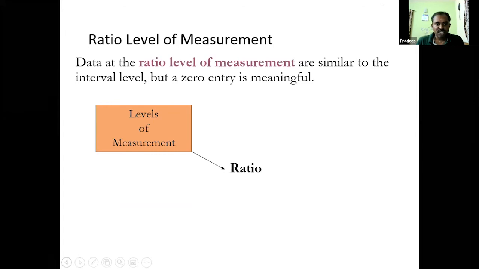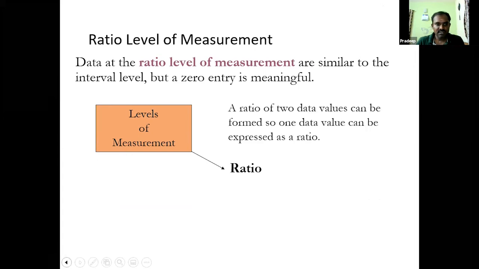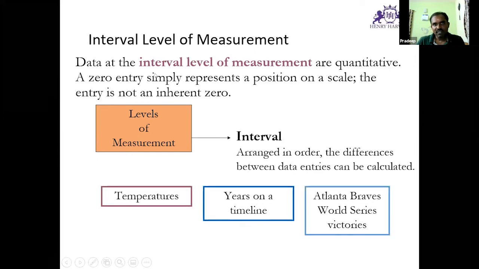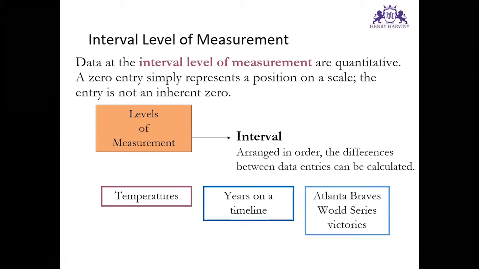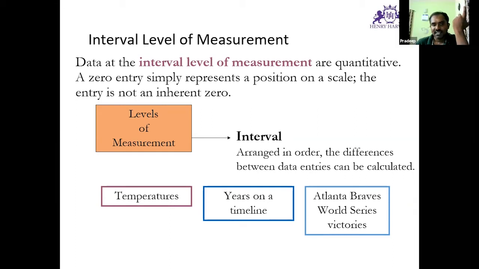Now there's something called ratios. What is the difference between interval and ratios? In the case of interval, there is no base point. For example, what is the base point for the temperature? Is it 0, right? No. It can go minus also. Am I right? Yeah.